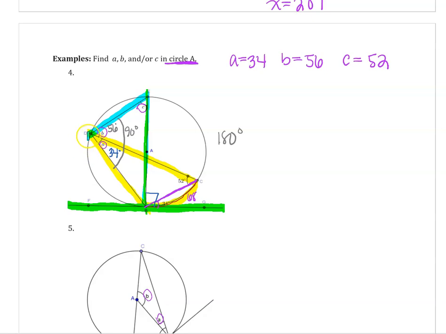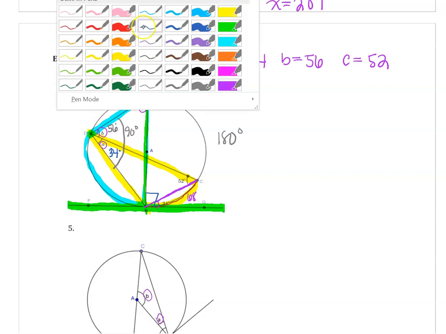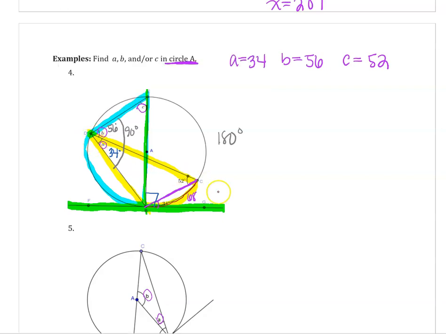So is there a way I can figure out the measure of that arc? Well, something you may want to look at is, let me actually pull up a different color here. Let's use pink.